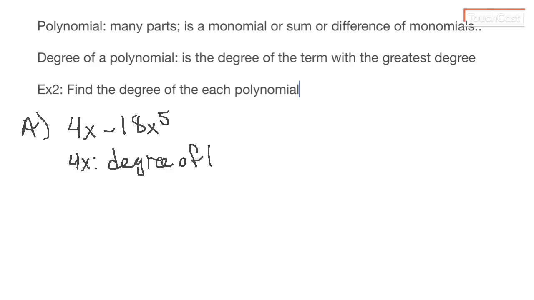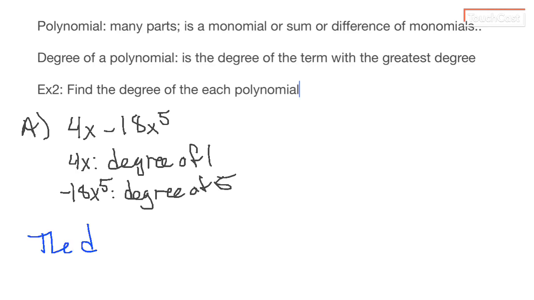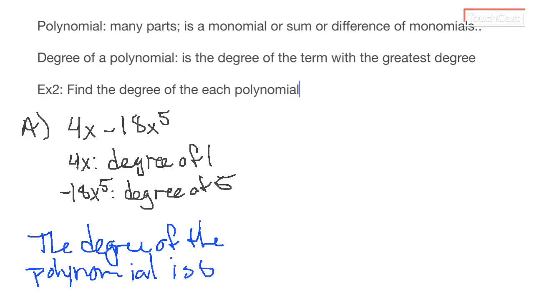And then we have the minus 18x to the 5th, which has a degree of 5. So since 18x to the 5th has a higher degree, we say that the degree of the polynomial is 5.